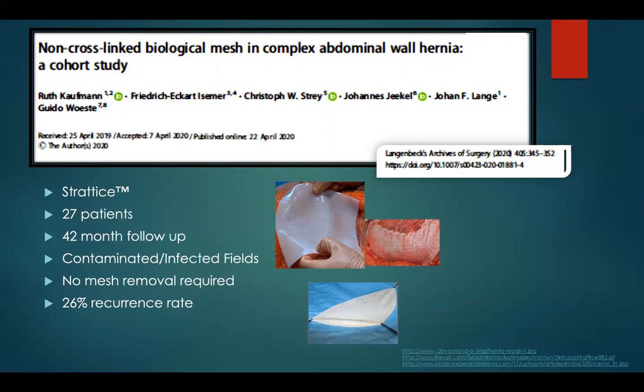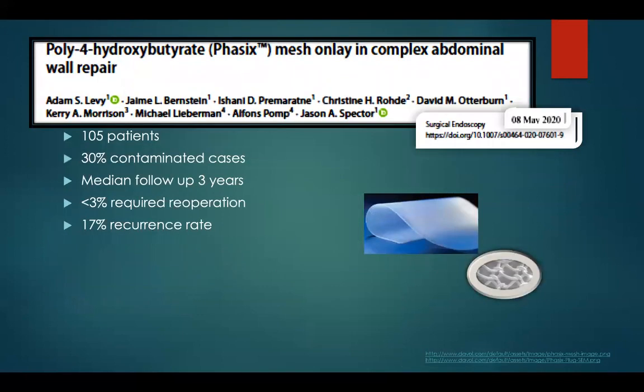None of these cases required mesh removal, and 26% though did result in a recurrence of the hernia itself, thereby needing to be managed. So there is some risk-benefit on biologic meshes, as we've historically known and continue to see even in this year. How about in May of 2020, a recent publication on Phasix, so a similar prosthetic concept.